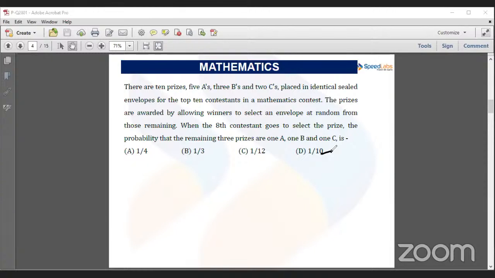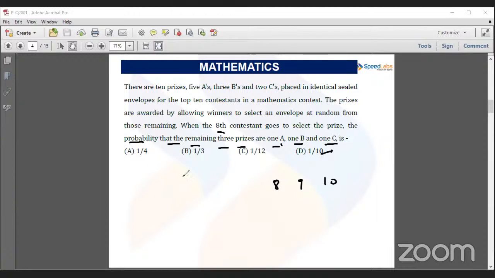When the eighth contestant goes to select the prize, the probability that the remaining three prizes are 1A, 1B, and 1C. Okay, so when the eighth contestant goes, basically three prizes will be left for the 8th, 9th and 10th. So we have been asked the probability that one A, one B and one C will be left.